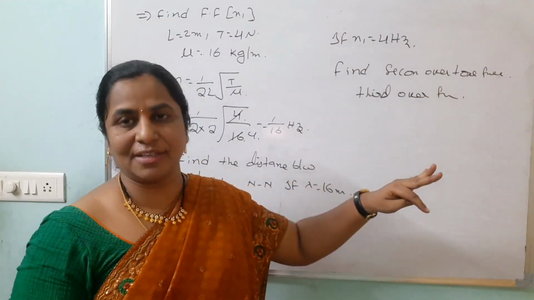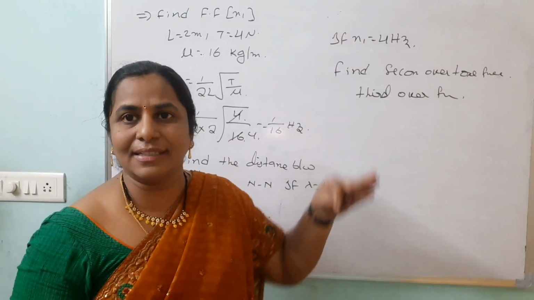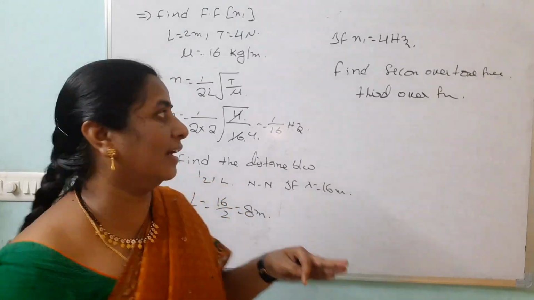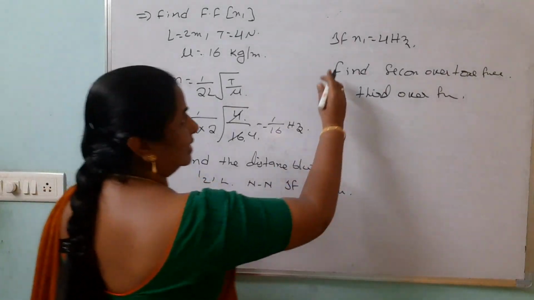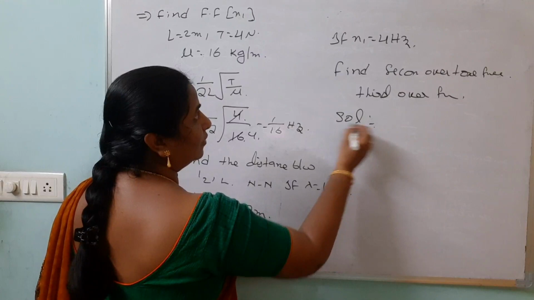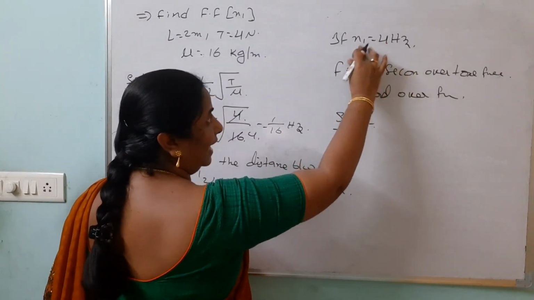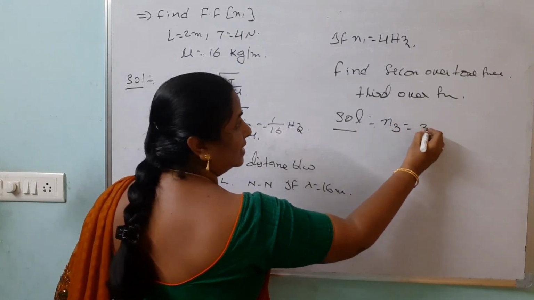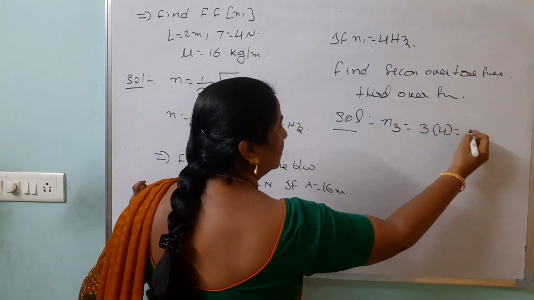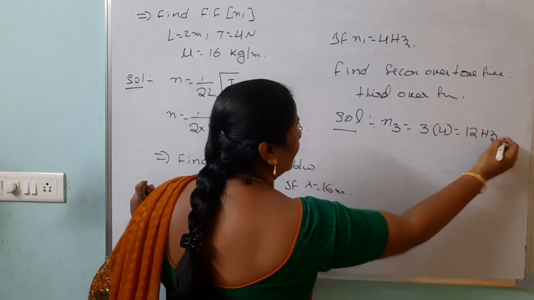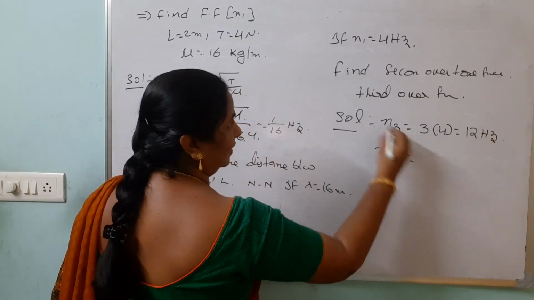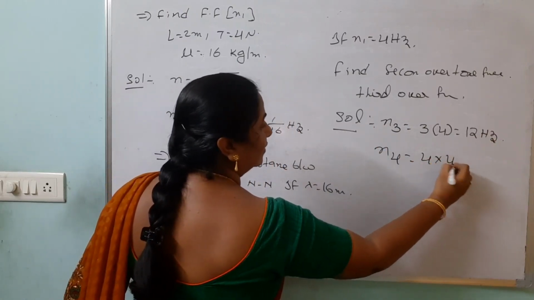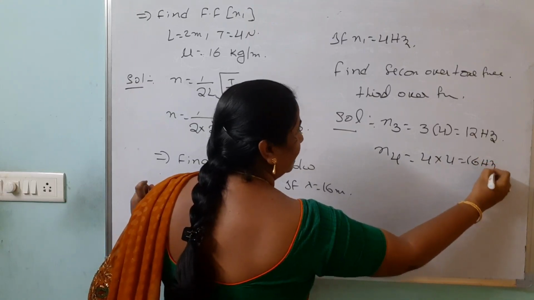The first overtone is 2 times the fundamental frequency, then the third is 3 times that one. You already know the ratio. They have given N1 equals 4. Second overtone means N3, which is 3 times 4, that is 12 hertz. The third overtone means the 4th frequency, so 4 times that is 16 hertz.